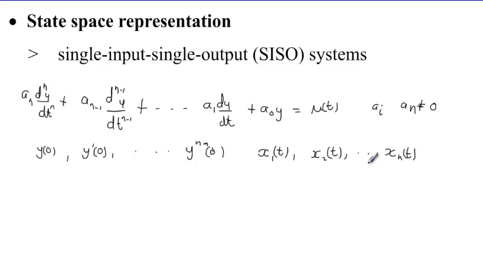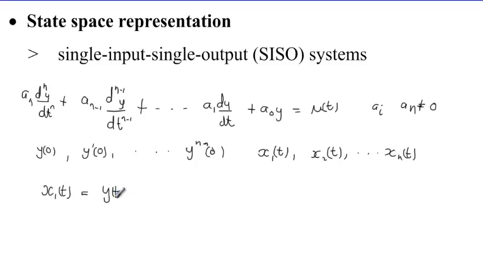These functions form what we call a state space vector. In this case, we declare x1(t) to be equal to the unknown function in this differential equation, which is y. So we declare this to be equal to y(t).